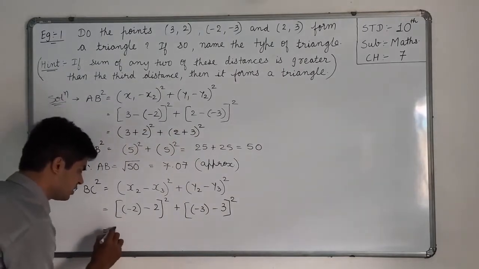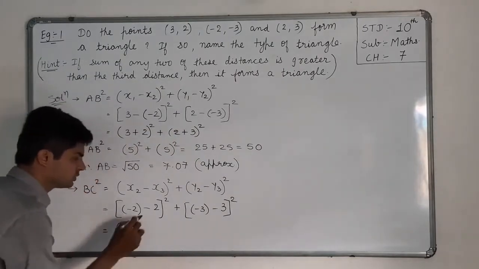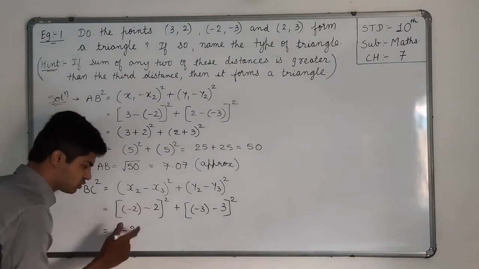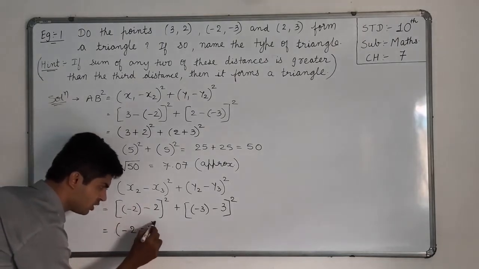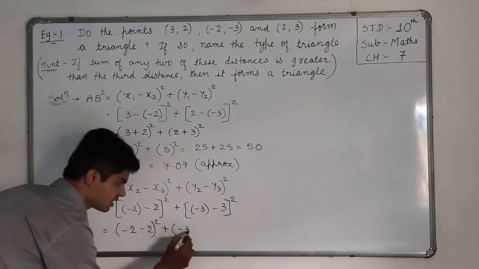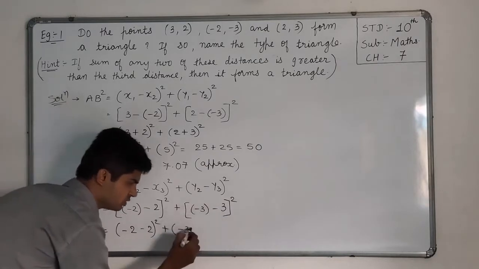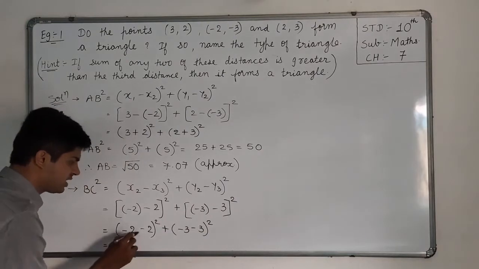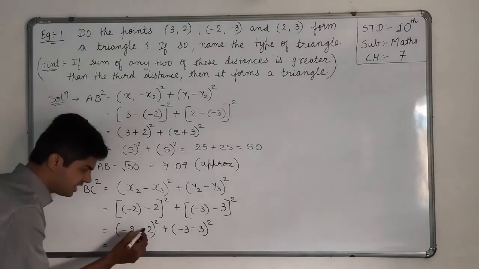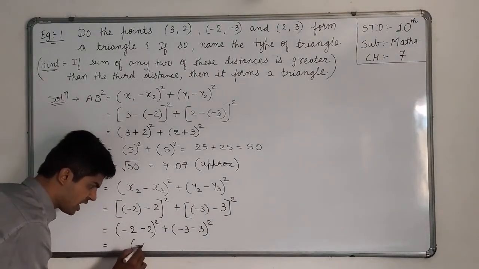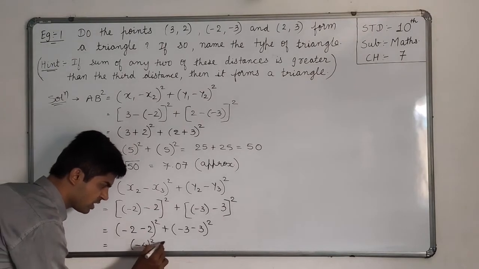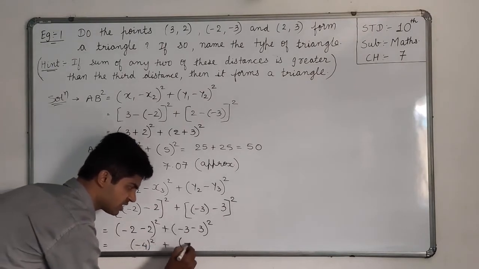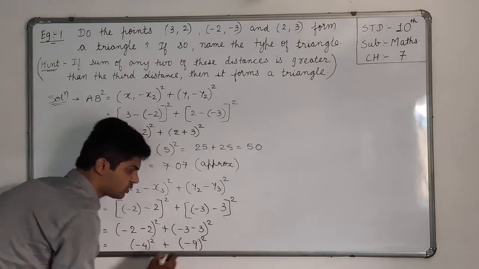Okay, now solve this. -2 minus 2 will be -4, so -4 whole square plus -3 minus 3 will be -6 whole square.